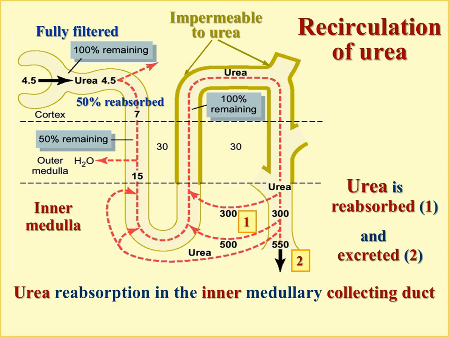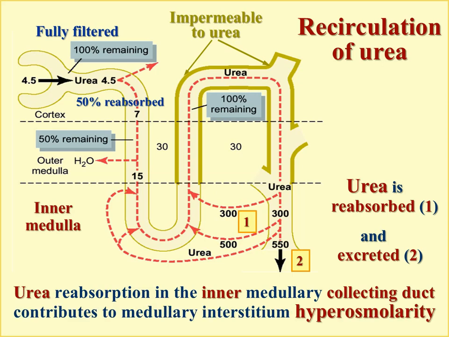So it's important that urea contributes to hyperosmolarity of the interstitium of the medulla, along with sodium, chlorine, and potassium reabsorbed from the thick ascending portion of the loop of Henle. Interstitium hypertonic due to sodium, potassium, chlorine, and urea.